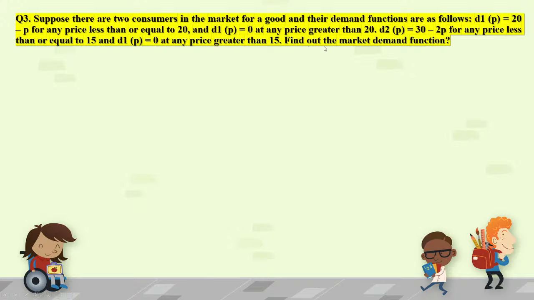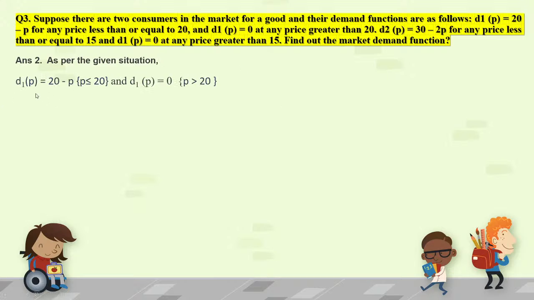Now we have to find out the market demand function. So this defines the first condition, that D1(P) equals 20 minus P at any price P less than or equal to 20, and D1(P) becomes 0 when the price is greater than 20. The second situation is being defined here.